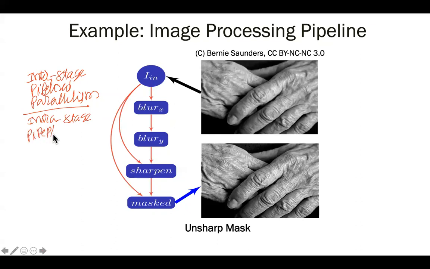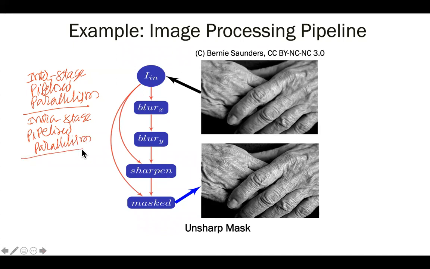For example, if you are applying a stencil operation, there is a lot of parallelism available in applying a stencil on a window. That is intra-stage parallelism.